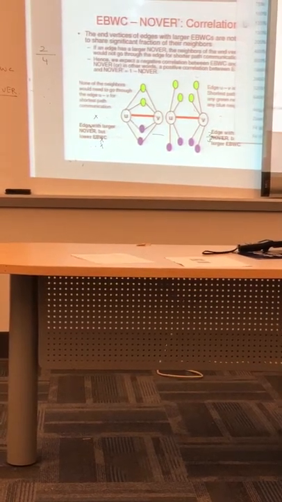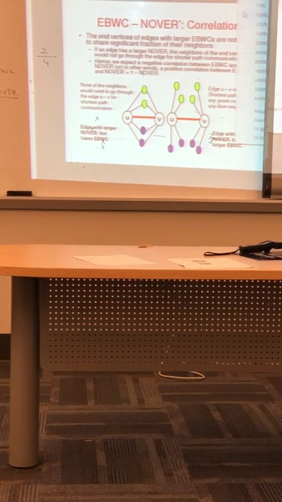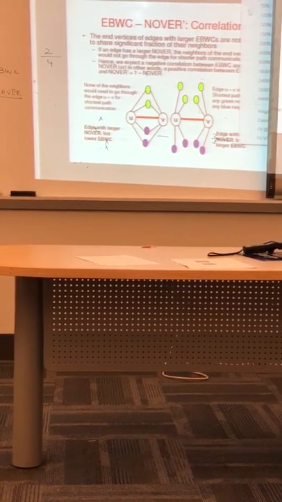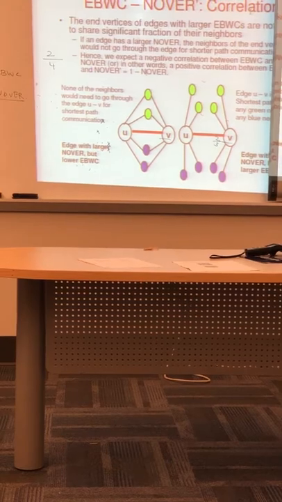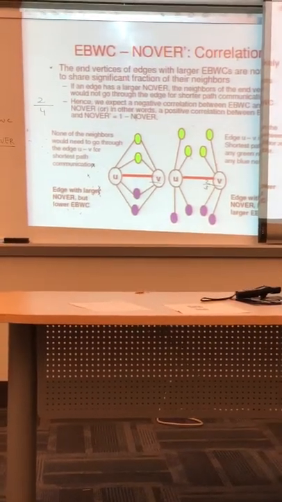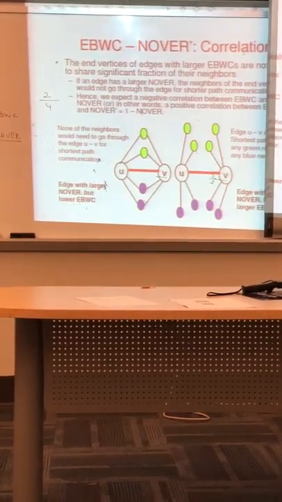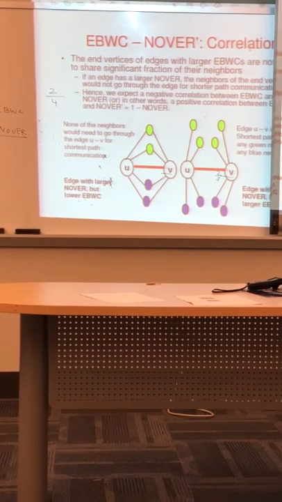Sir, I have a question. Yes. We are doing these things like calculation. Again, we don't have to do this manually. I have given a Java program to find the neighborhood overlap score.